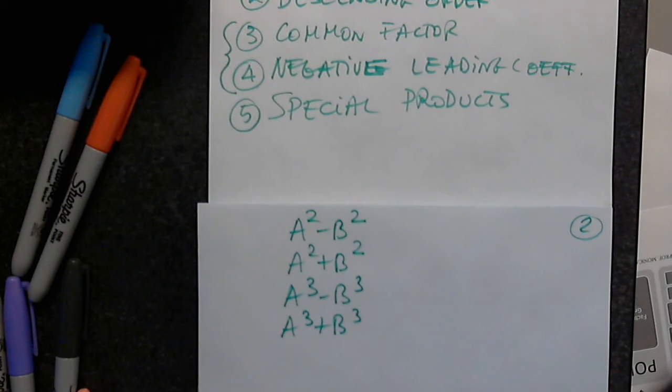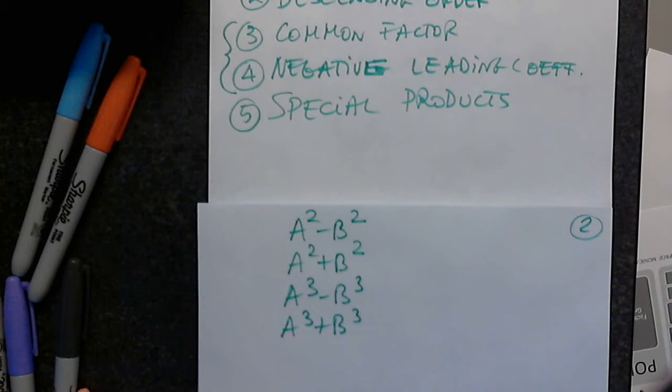This is the end of the strategy for binomials, but first we have to discuss these 4 special products. So a squared minus b squared, a squared plus b squared, a cubed minus b cubed, a cubed plus b cubed.